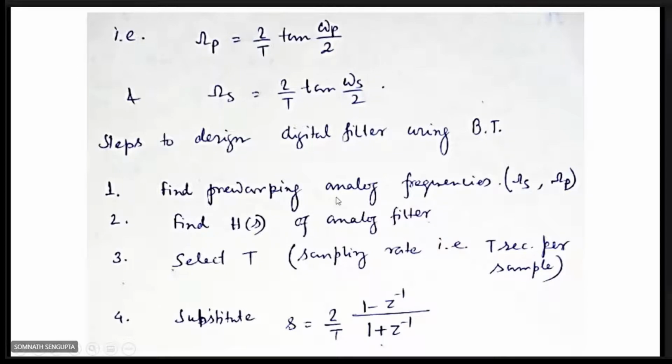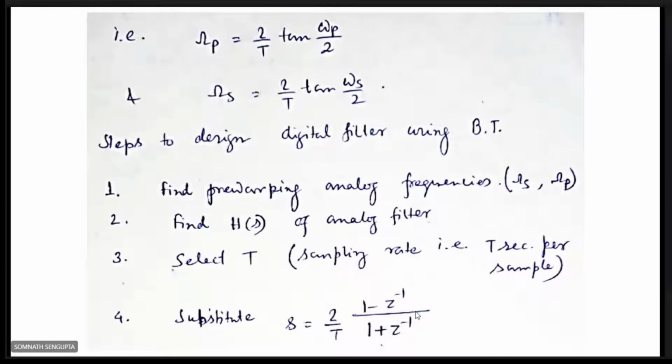Find the pre-warping analog frequencies. There are two frequencies, the stop band and pass band, omega c and omega p. Then you find the transfer function H of s of the analog filter. Then select the sampling interval T, and substitute s is equal to 2 by T, 1 minus z inverse divided by 1 plus z inverse.